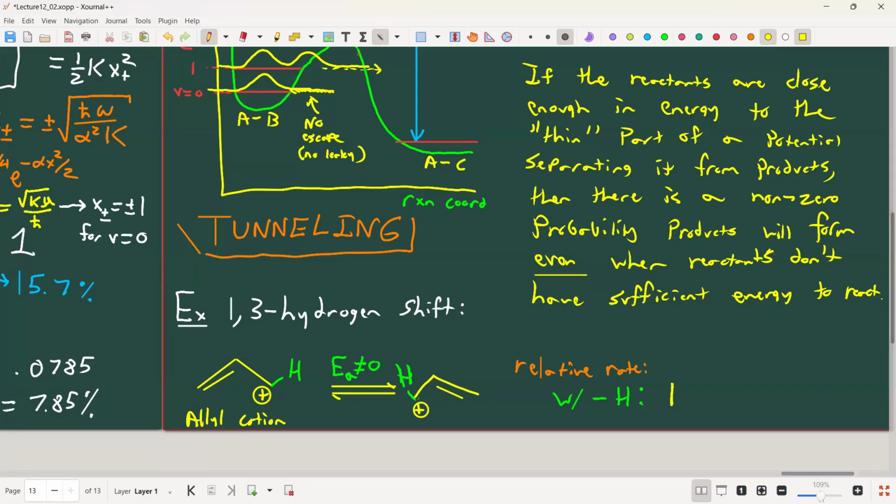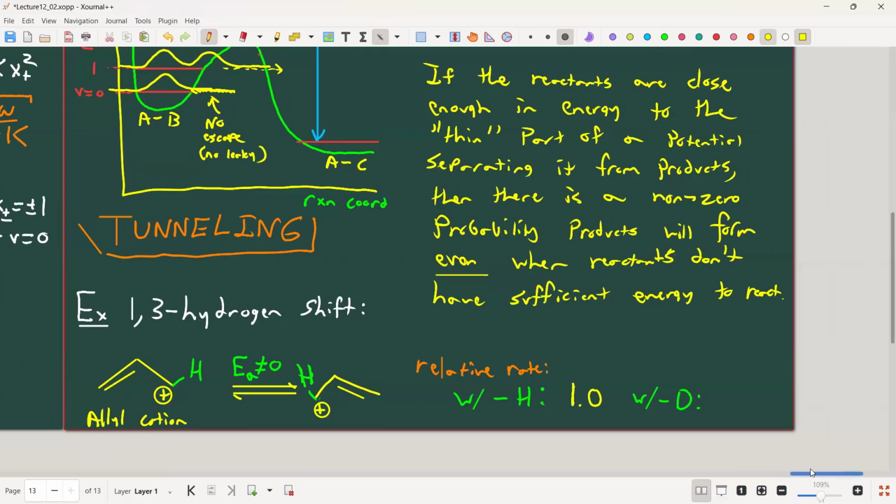It's just a relative number, 1.0. And then you replace that hydrogen with a deuterium, a heavy atom, an extra neutron, twice as heavy. And you find that this reaction is 100 times slower. It's actually probably closer to 0.1, 10 times slower with deuterium.